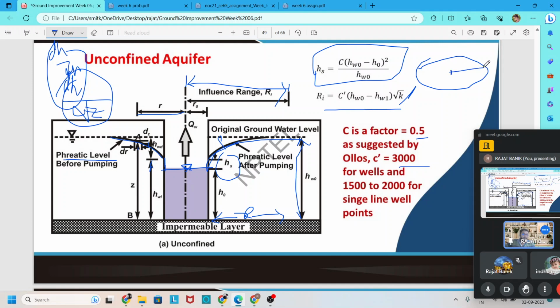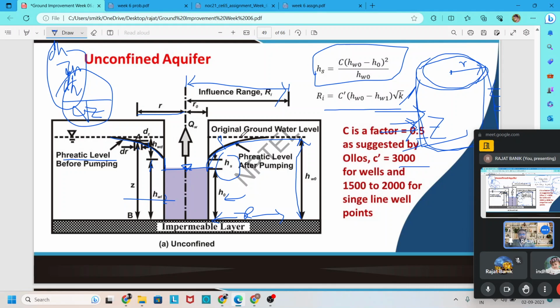If you see in plan view, this is R and this is the height Z, so it created one cylinder here. Water gets collected at the surface of this cylinder like that, if you see my drawing. So we need to find out the surface area of the cylinder and also the hydraulic gradient.